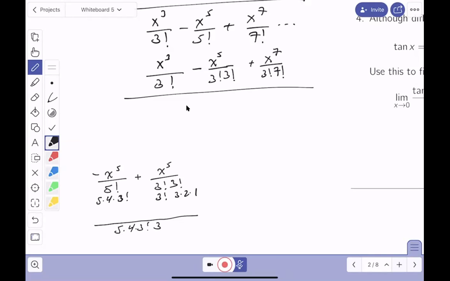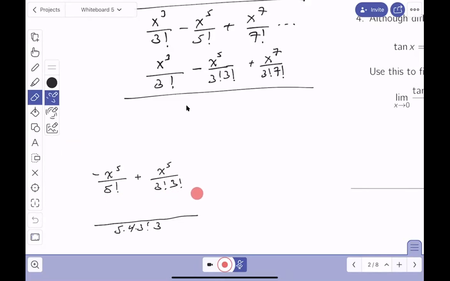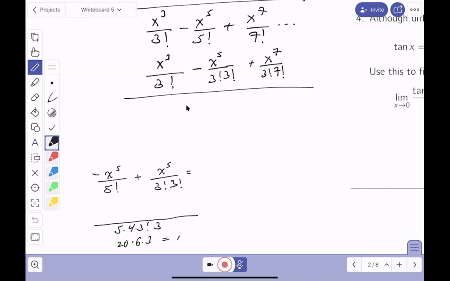All right, it's tough though. Let me just erase this up here. It's my little chicken scratch. And I'm going to write this down now. Well, before I do that, I want to point out 5 times 4 is 20. 3 factorial is 6 times 3. And you can see how much work this is. 120 times 3 is 360.